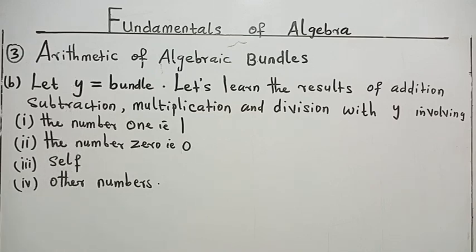Then ultimately, we learn what happens when other numbers apart from these 3 are added, subtracted, multiplied, and divided in connection with this y. I want to start with the first one. What happens when 1 is used to carry out arithmetic operations with y? Please let us see.